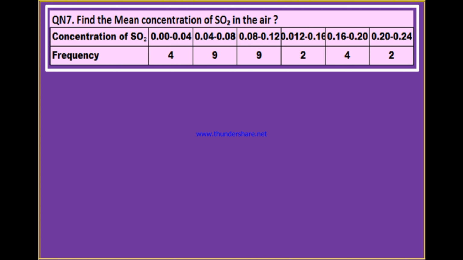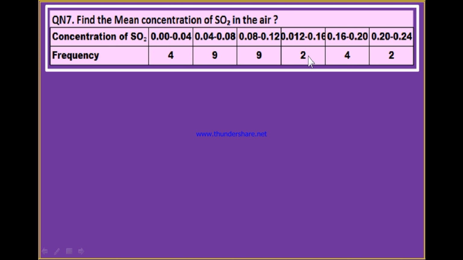of a table. If you observe, the concentration of SO2 is from 0.00 to 0.04. The frequency is 4. 0.04 to 0.08. The frequency is 9. 0.08 to 0.12. The frequency is 9. 0.12, you please correct this, 0.12 to 0.16.